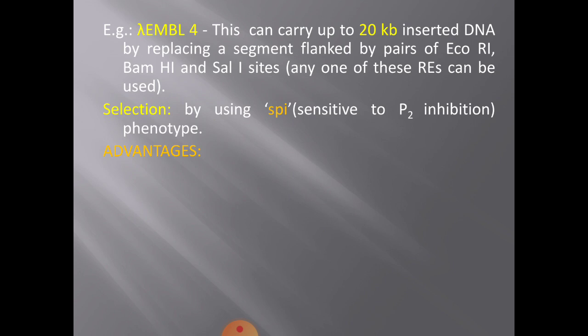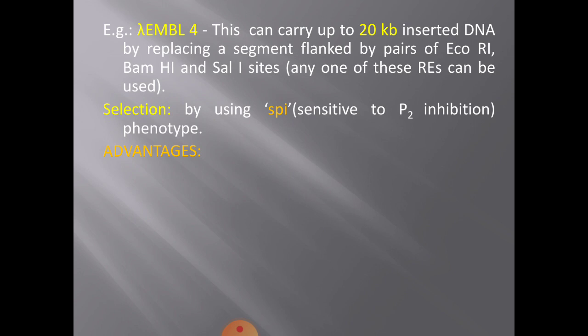If an Escherichia coli is infected by P2 phage, such E. coli cannot be infected by the lambda phage DNA and therefore they are said to be SPI.